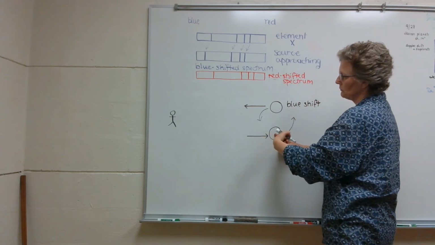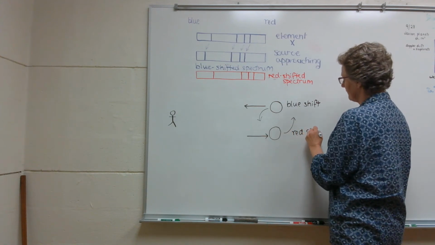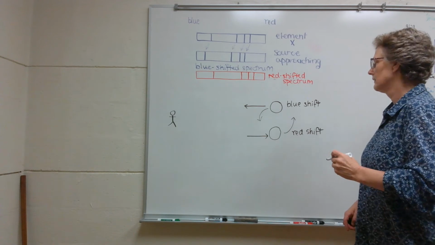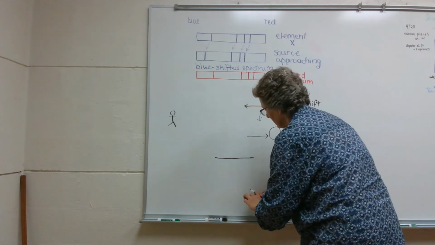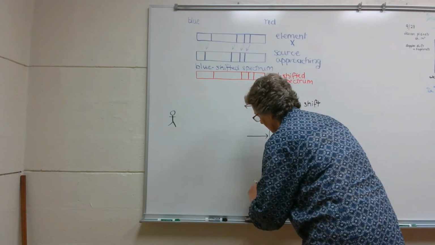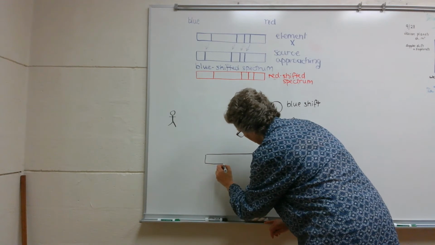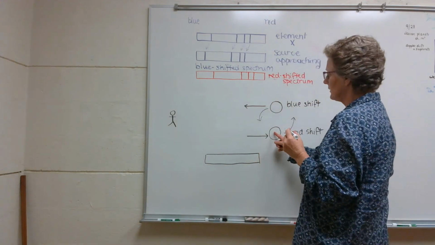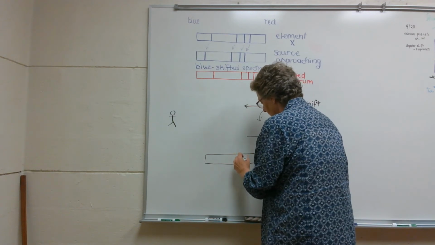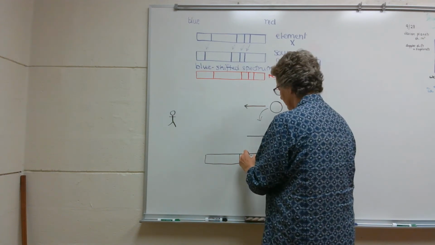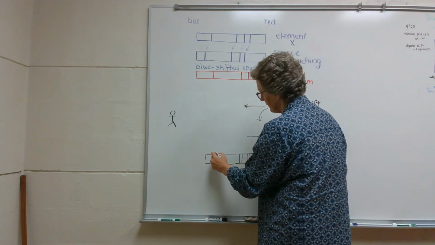In this star, which is moving away from me, the light is going to be red shifted. So in the same spectrum, while they're in this state, a single line may actually be split into two lines, because one is from one star and one is from the other.